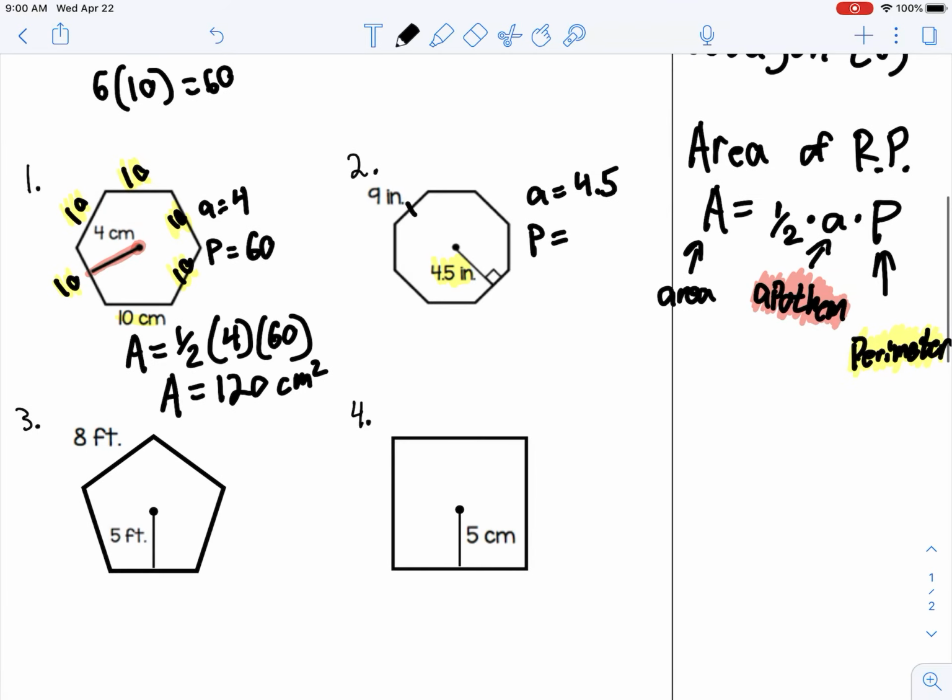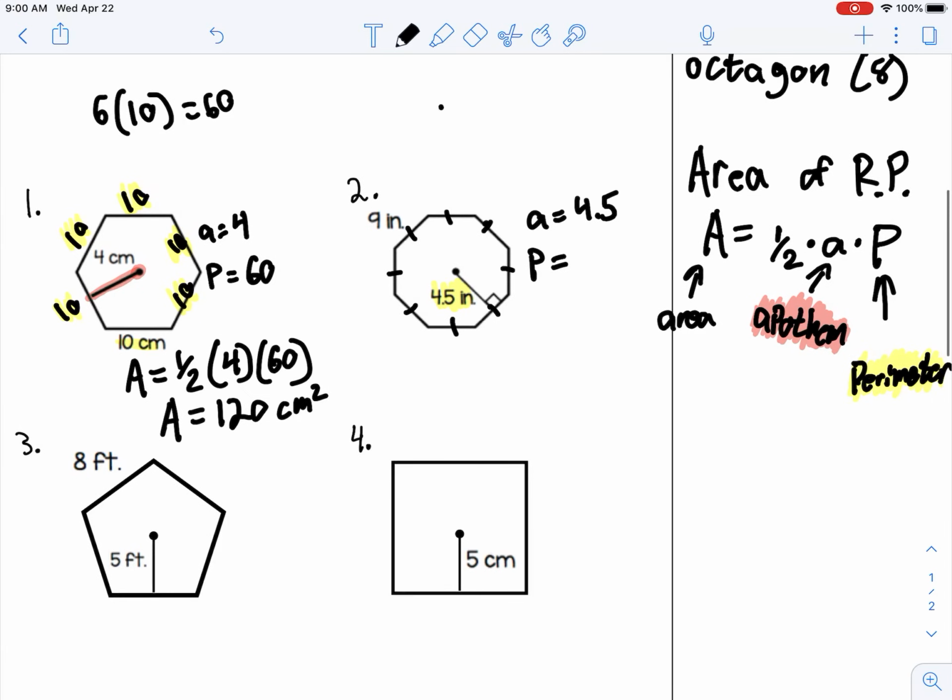So I have 1, 2, 3, 4, 5, 6, 7, 8 sides. It's an 8-sided figure, so it's an octagon. So I have 8 times the length of one of the sides, which is 9, which equals 72. Okay, so my perimeter is 72.